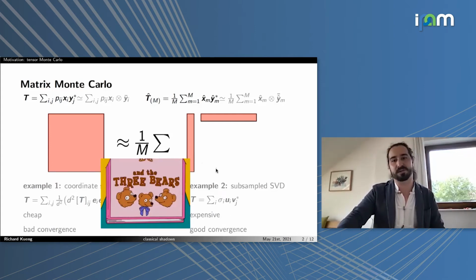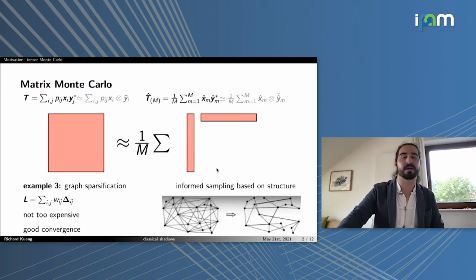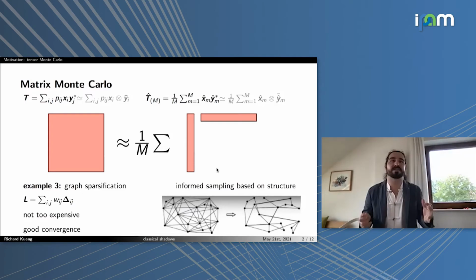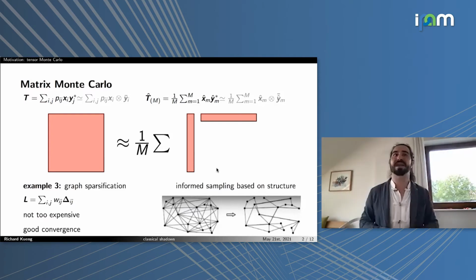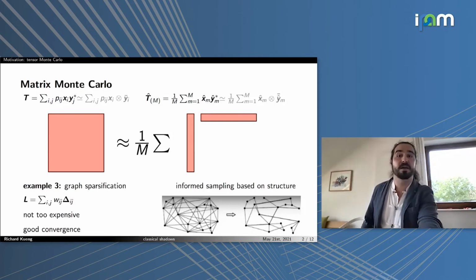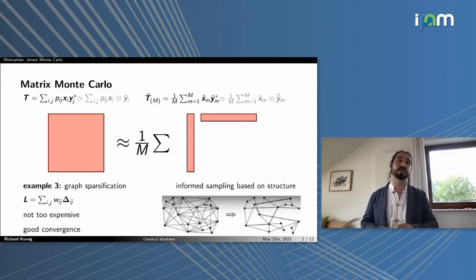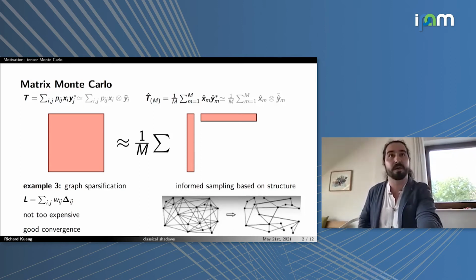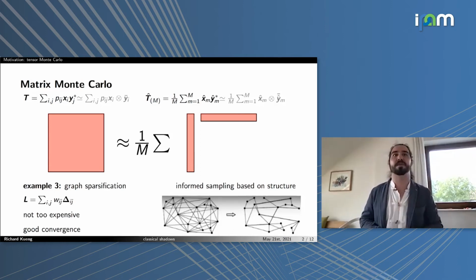And for matrix Monte Carlo, my favorite example is graph sparsification. The problem there is that you have a large graph with many edges, and then maybe you want to approximate it by a sparser graph, a graph with fewer edges that can be more easily stored, and it's also cheaper to run algorithms on. And if you want to do such a graph sparsification algorithm, then you should typically think in graph Laplacians.